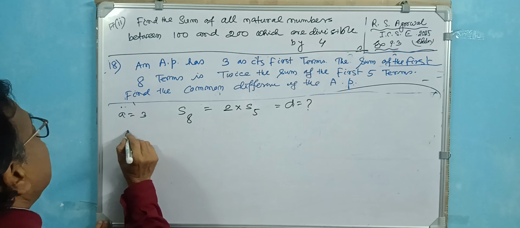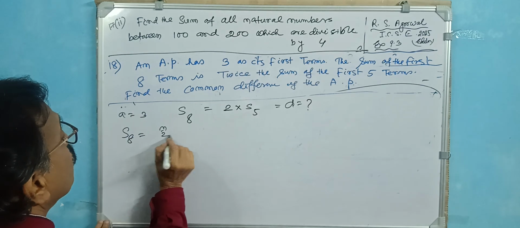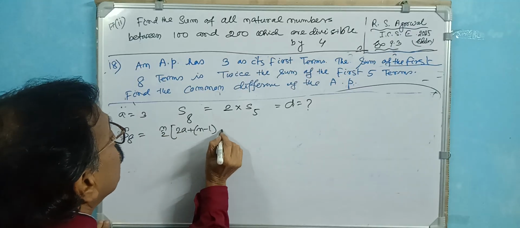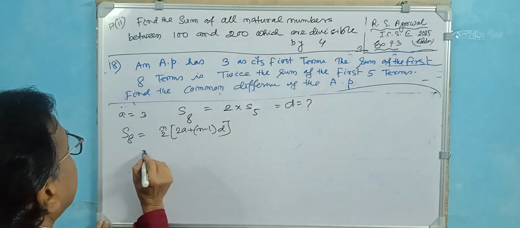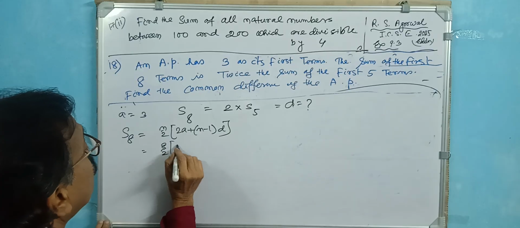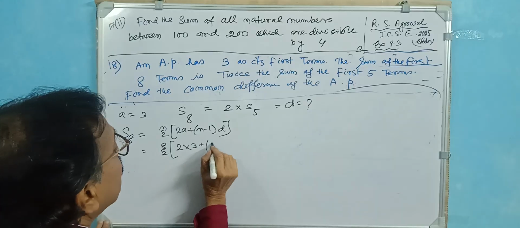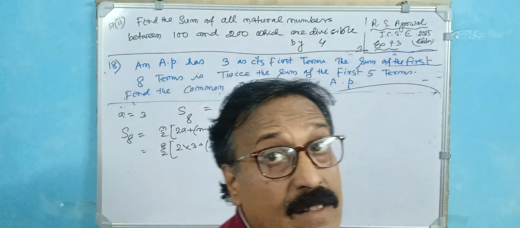S8 means n by 2 bracket 2A plus (n minus 1) into D. So S8 is equal to, n is 8, 8 by 2 bracket 2, value of A is 3, plus n is 8, that means 7 into D. Clear?